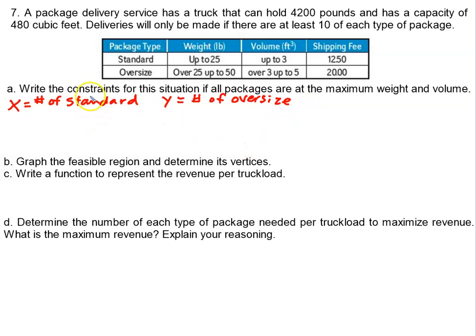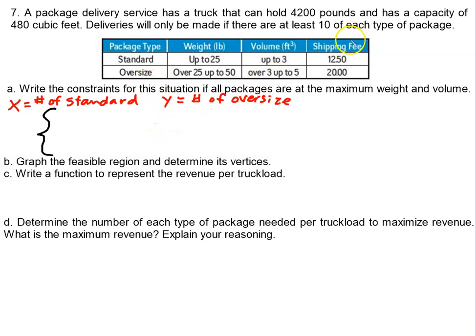Okay, so with those variables defined, let's go ahead and come up with our system of constraints. Let's use a brace here to represent the entire system. So I'm just going to start off with this idea. We talked earlier that there is an implied constraint that we never make negative quantities of any product.